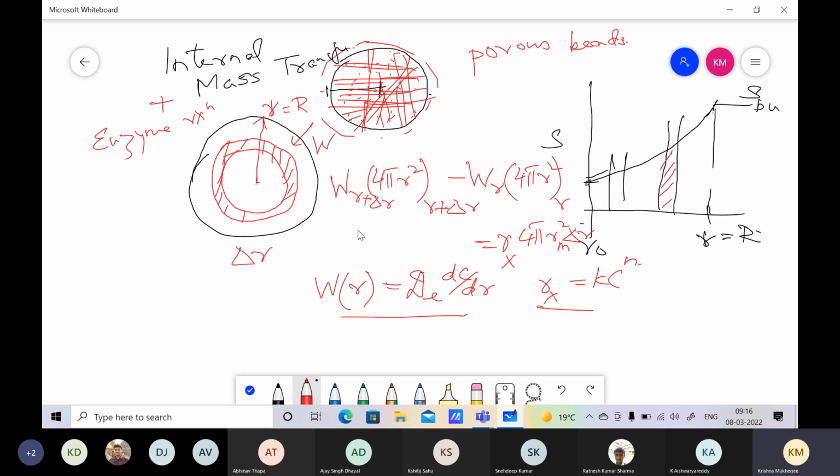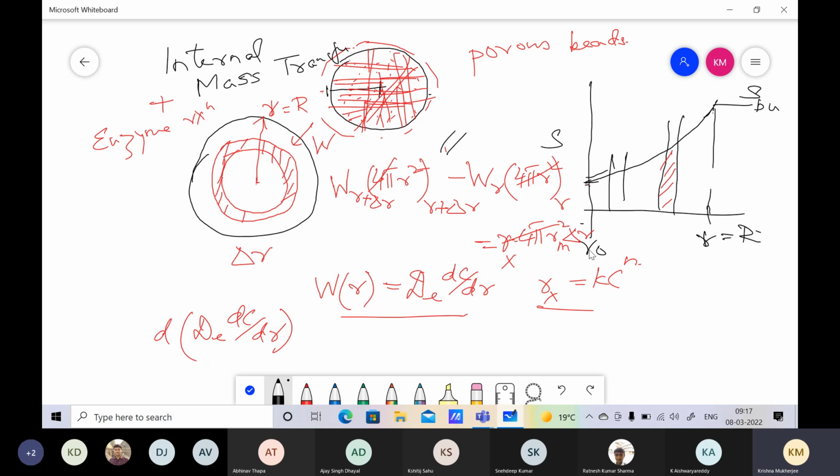So what is the formulation now? Please tell me. We substitute dC by dR here: instead of W we write D_E dC by dR. Now what does this simplify into? The 4 pi R square terms are all gone.